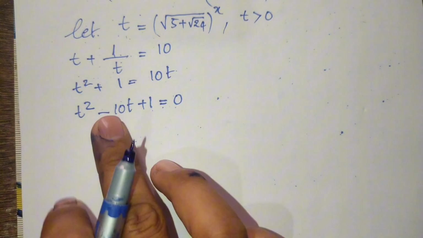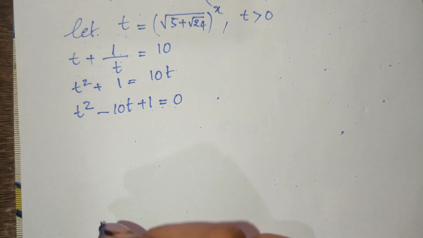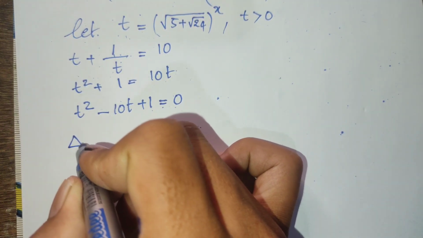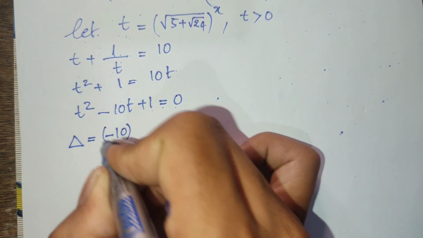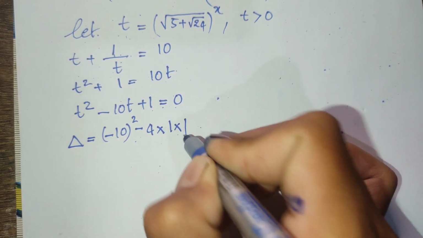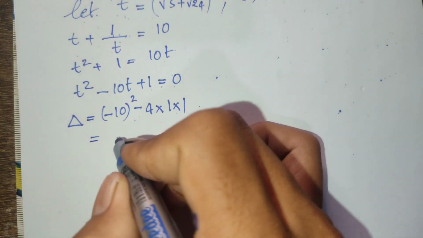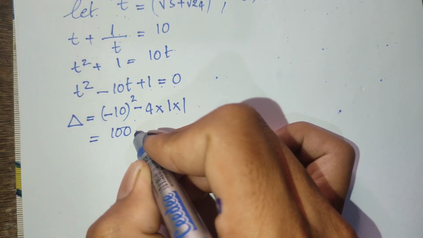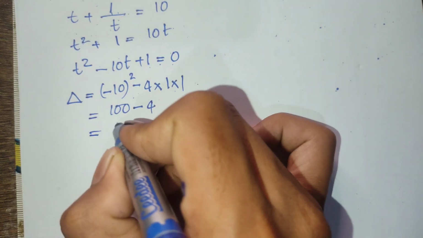And now I use the discriminant: the discriminant is equal to (−10) squared minus 4 times 1 times 1. This is equal to 100 minus 4, which equals 96.